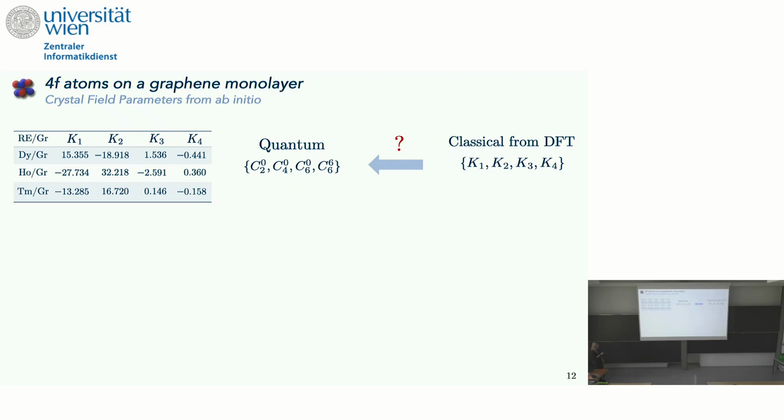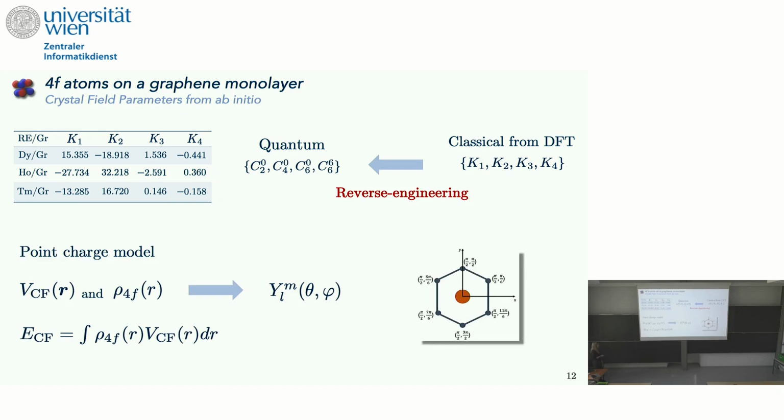So the idea is to go from the classical framework in terms of magnetic anisotropy constants towards the quantum picture in terms of crystal field parameters via what we called reverse engineering, where we basically expand in a point charge model our crystal field potential for the 4f charge density in spherical harmonics, and we take an expectation value in a first order perturbational manner.